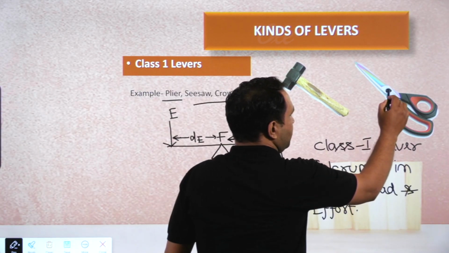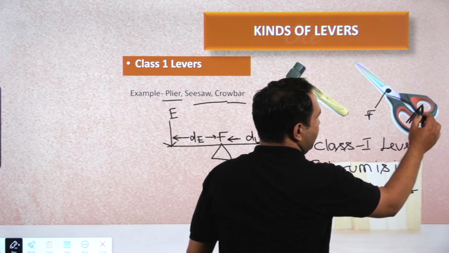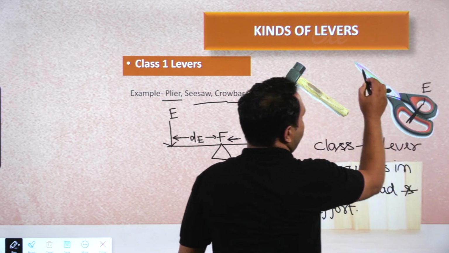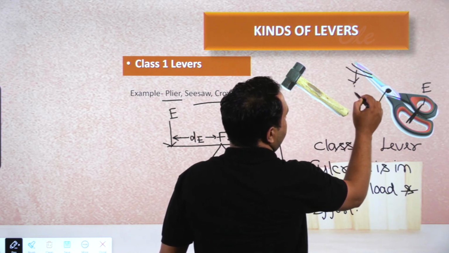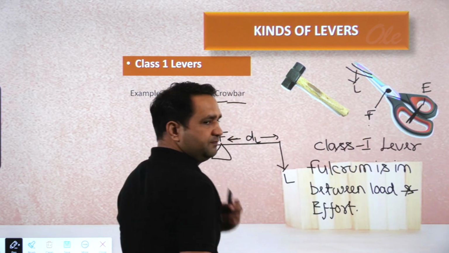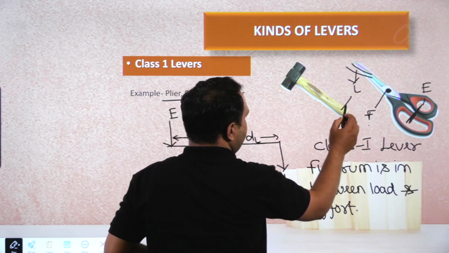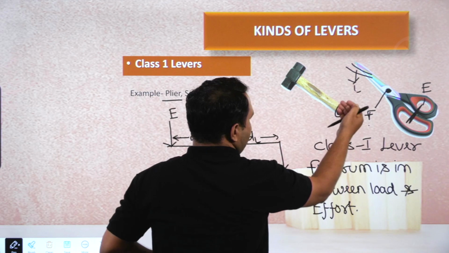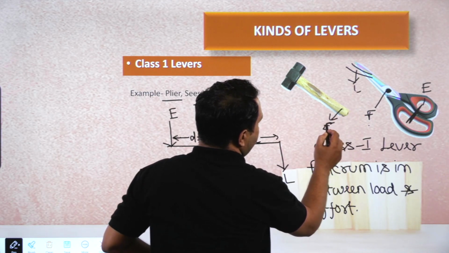Let's see here. This is the fixed point known as the fulcrum. Here we are applying effort, and here we are keeping an object or cloth, which is our load. So the fulcrum is between load and effort. In this case, here we are applying effort. This is the point where we catch the hammer, so this will be the effort point.